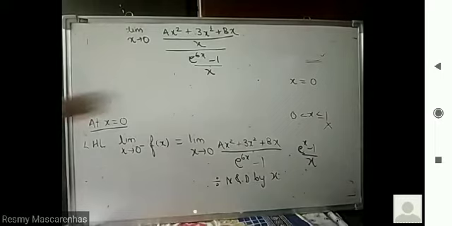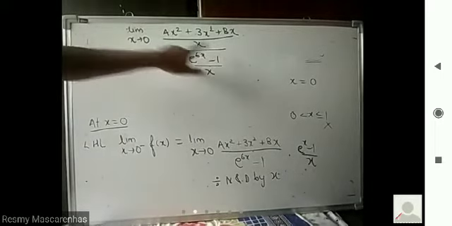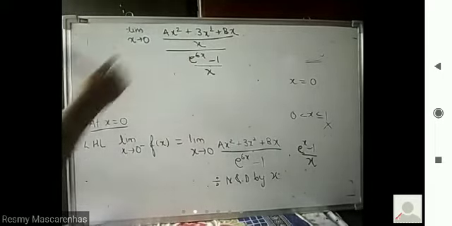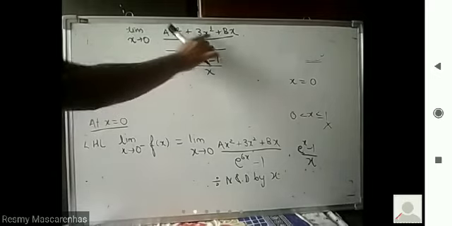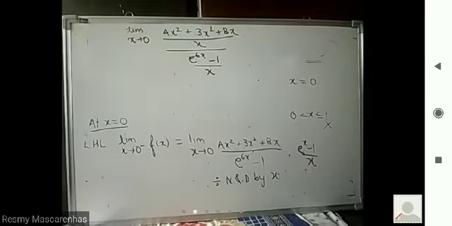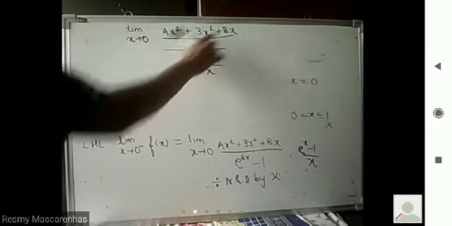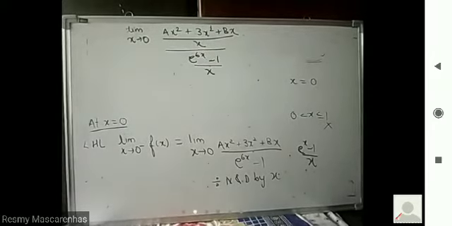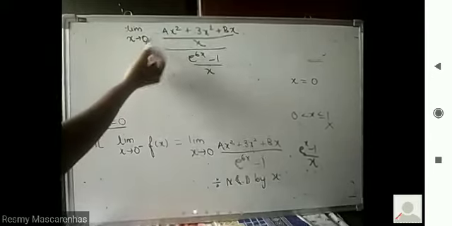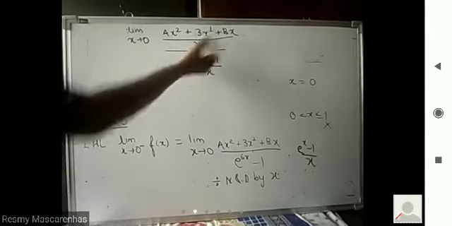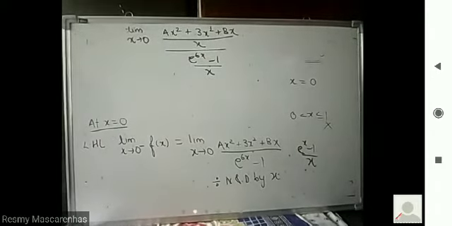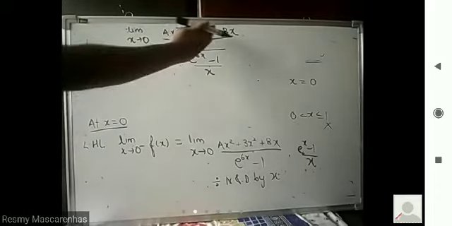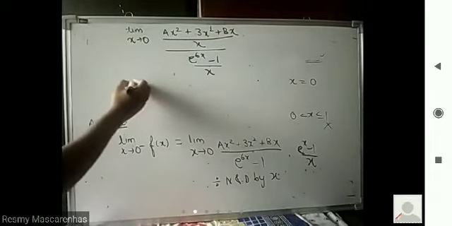Next step, this you can balance 6 and 6. But what about this? If you try to put x as 0, directly the answer will come in 0 upon 0 form. I told you, whenever you substitute and it turns out to be 0 upon 0 form, you just try to take out x common.